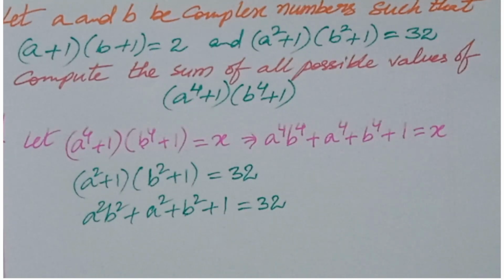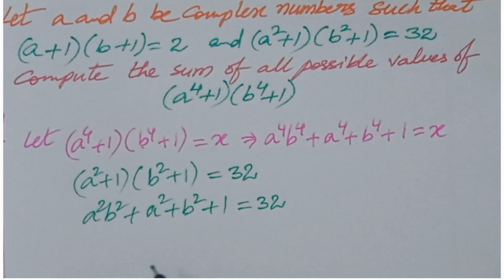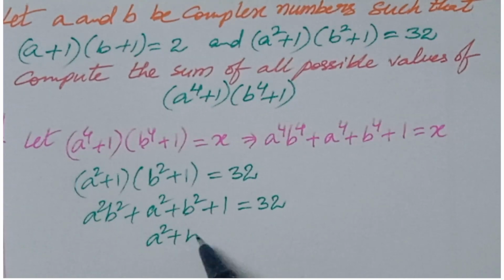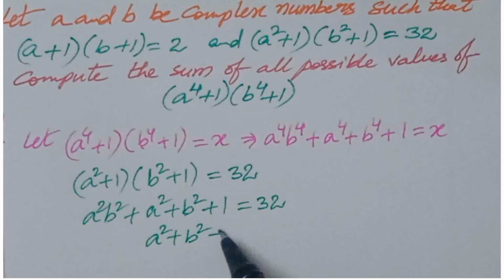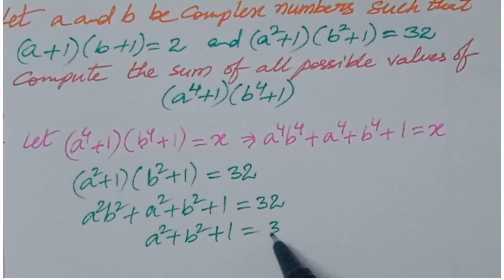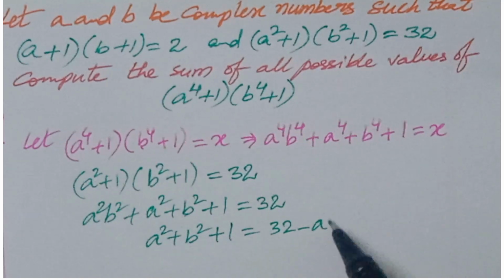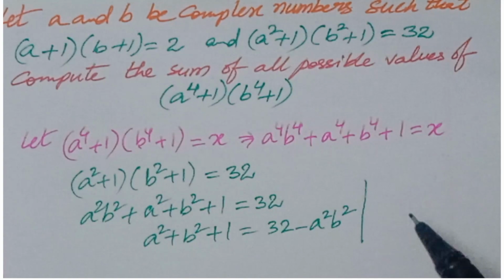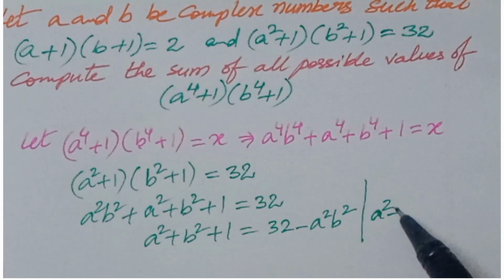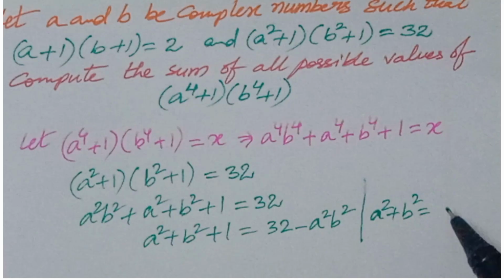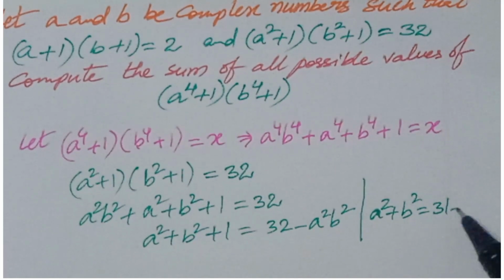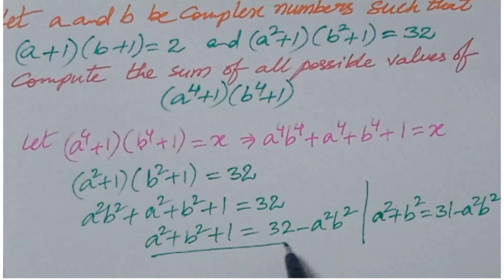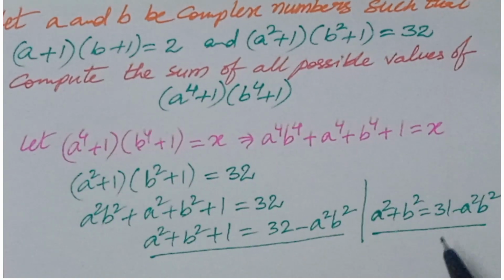From this you can write two values which will be further useful. a square plus b square plus 1 is equal to 32 minus a square b square, or otherwise you can write a square plus b square is equal to 31 minus a square b square. In the future we will use these two values, that's why we are writing them.